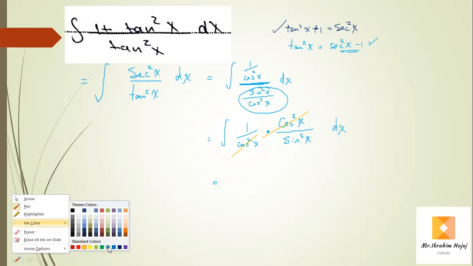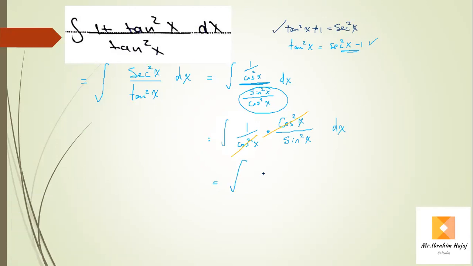And we still have 1 over sine squared x dx. Again, 1 over sine squared we can replace by cosecant squared x based on the identities. That's why you studied the identities last year.